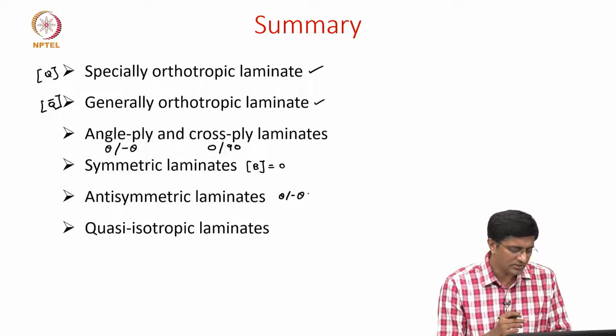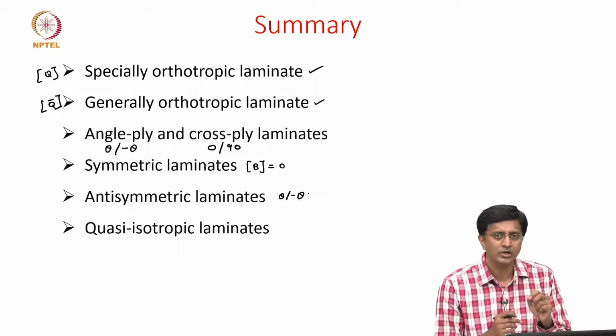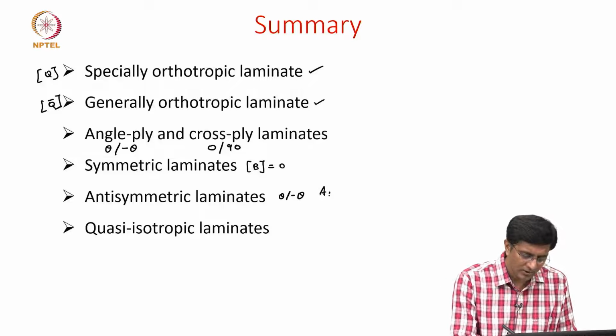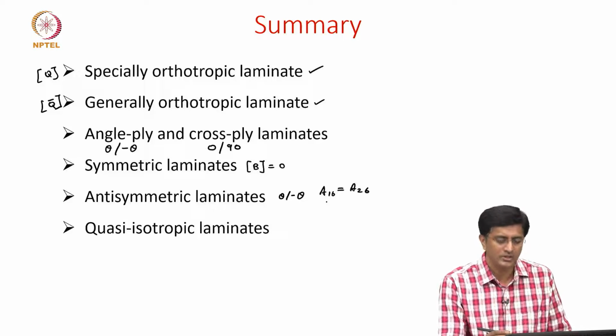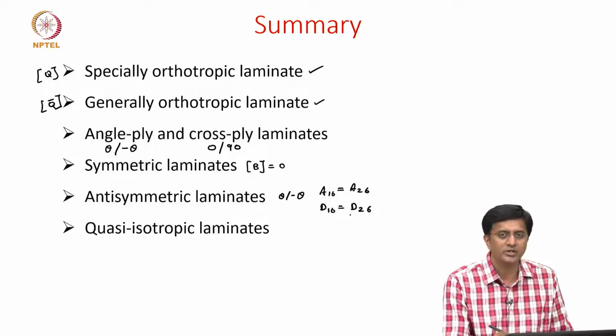And because of this definition of antisymmetry, we said there are at least two important couplings which are not existing. These are A16 and A26, which bring in the extension-shear coupling, or D16 and D26, which bring in the bending-twist coupling.